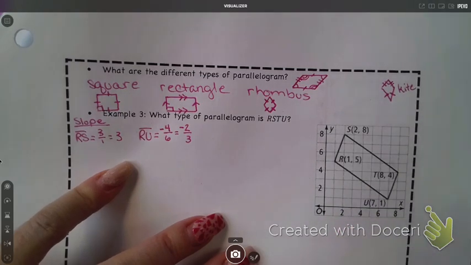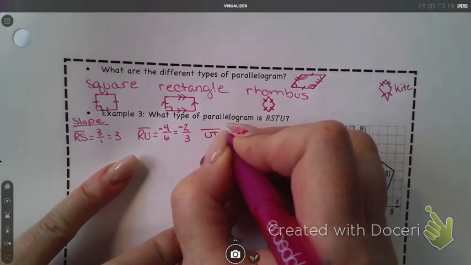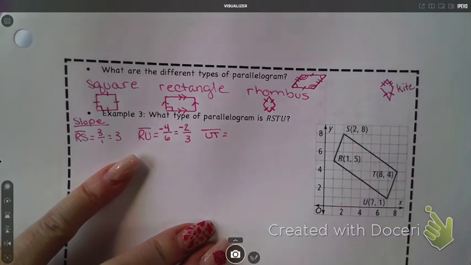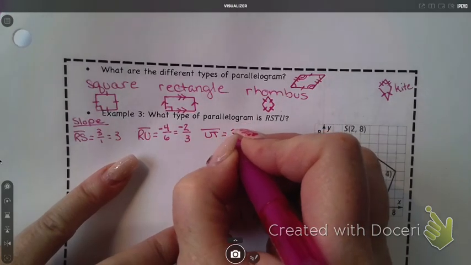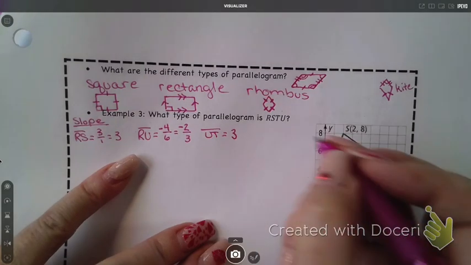Okay, next, what do you want to do? UT? What do you get? 3/1 or just 3? And then you probably get negative.